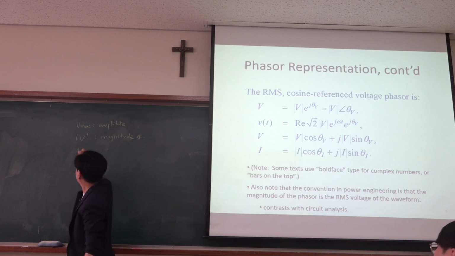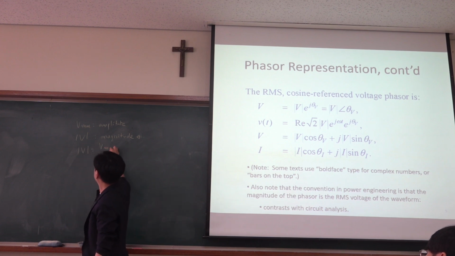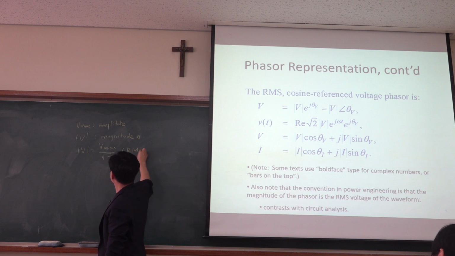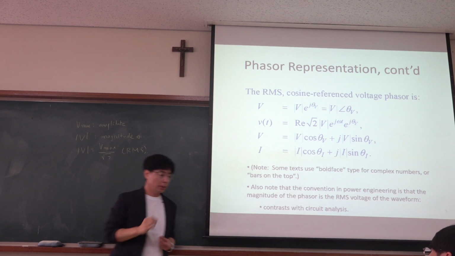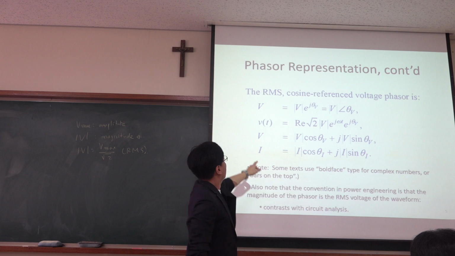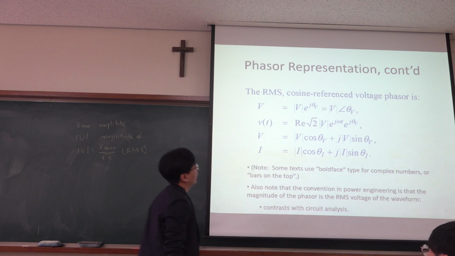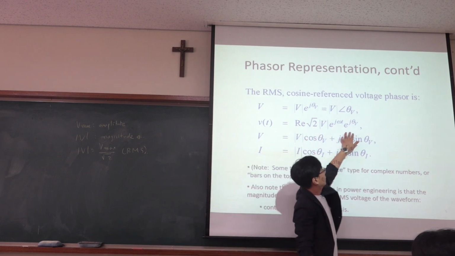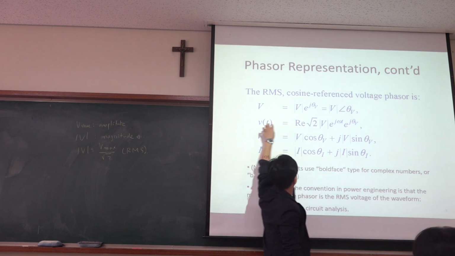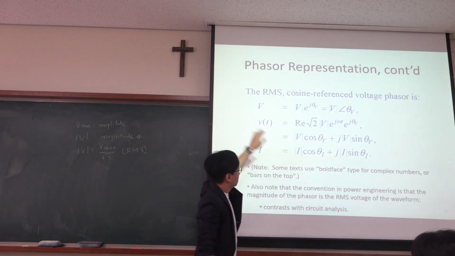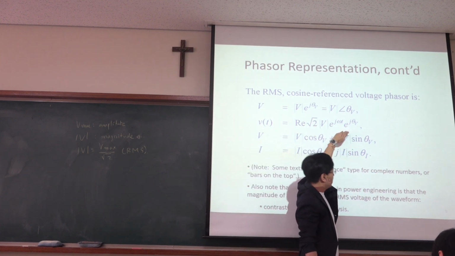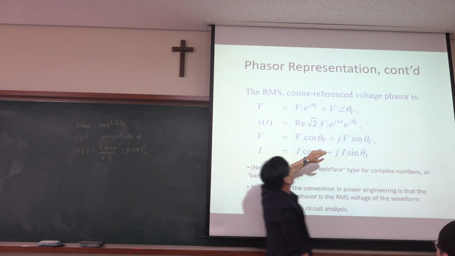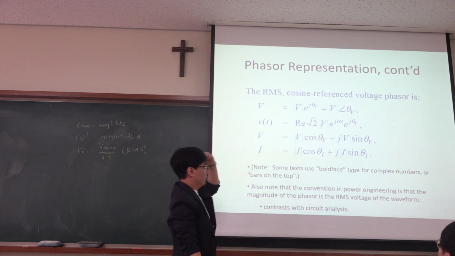Here we are using this relationship. So this is the root mean square of the instantaneous voltage. This is the complex instantaneous voltage, and we take the real part, and that is the instantaneous voltage.